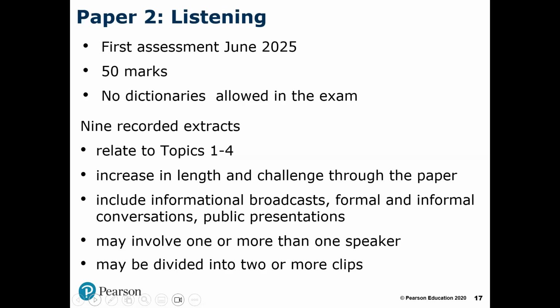So remember that global topic, that theme 5, topic 5, is not assessed in listening. The recorded extracts increase in length and challenge through the paper. So they start off short and easy, and they become longer and more complex by the time we get to number 9.